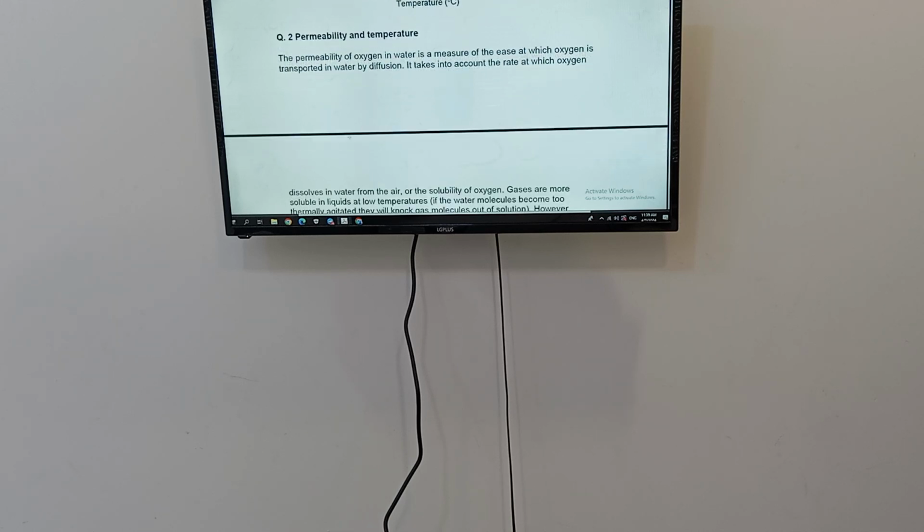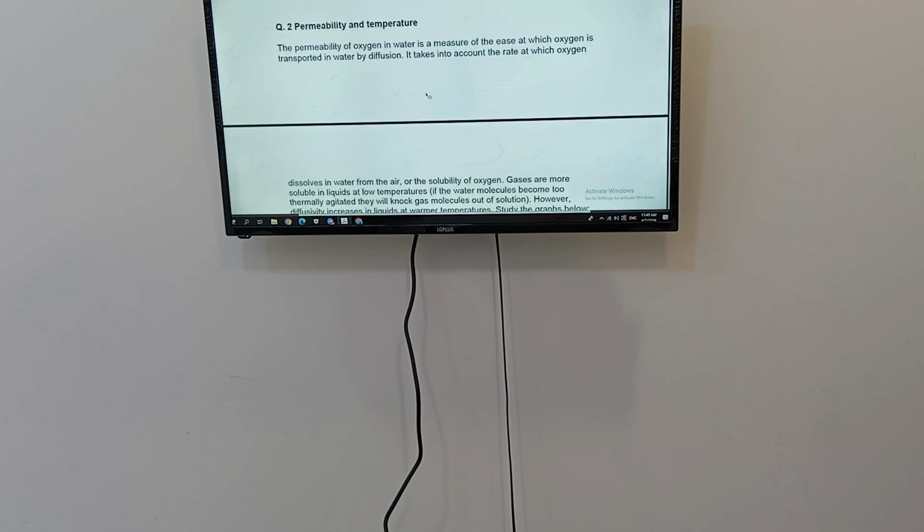Permeability and temperature. Permeability of oxygen in water is a measure of the ease at which oxygen is transported by water and diffusion. It explains or measures how easily oxygen particles enter the body of this ice fish through diffusion.